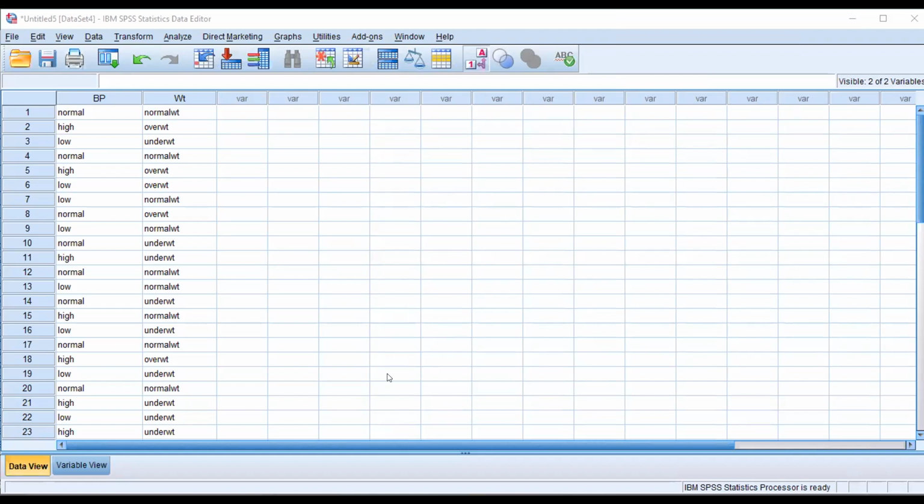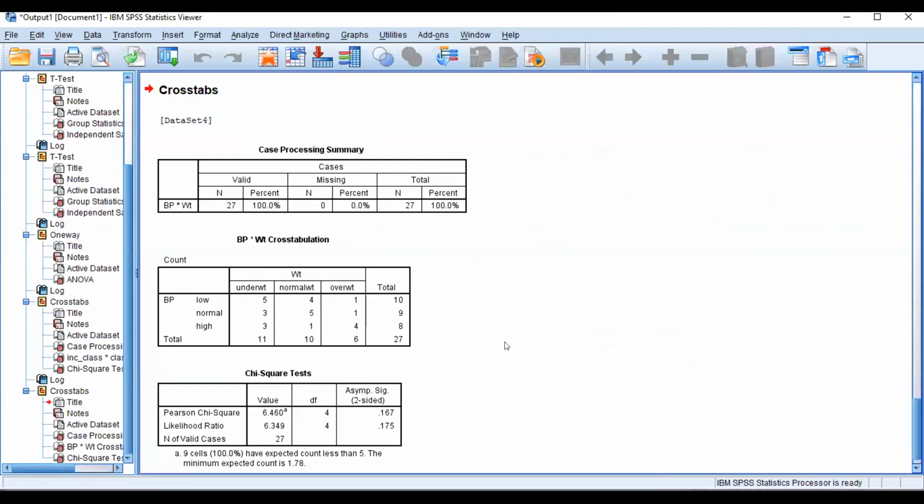I'm sharing this again; I think it is now visible to all of you. The first table is a summary. In your research report, you are not supposed to include this part, but the rest of the two parts you have to include.